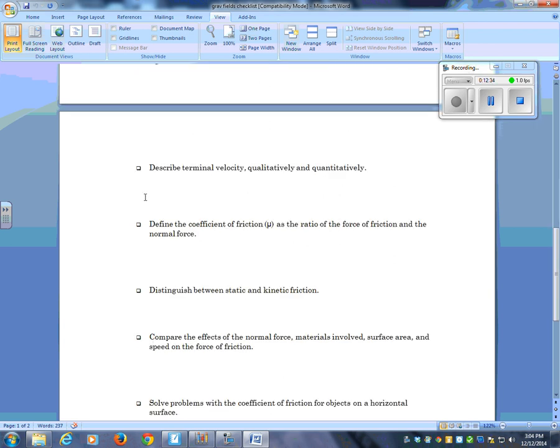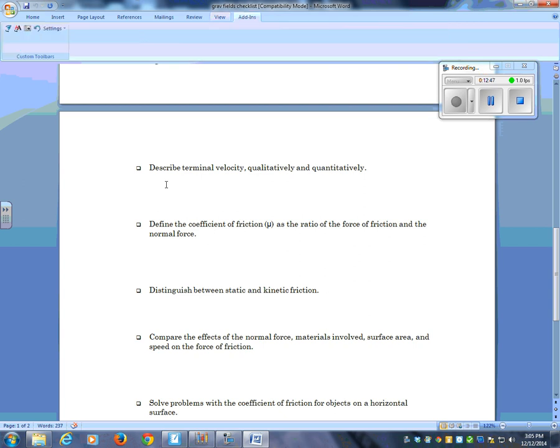Describe terminal velocity. Do you know what that means? We've talked about it. It means when you are no longer accelerating. How come? Because the weight force is equal to the force of air resistance.